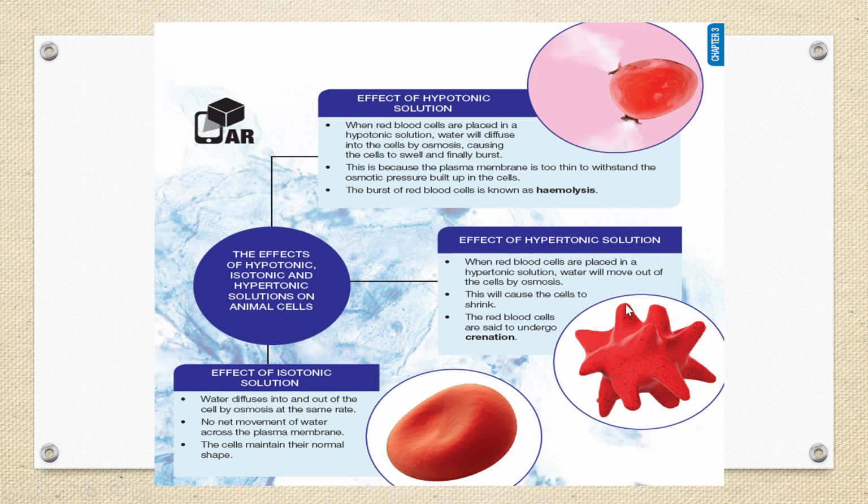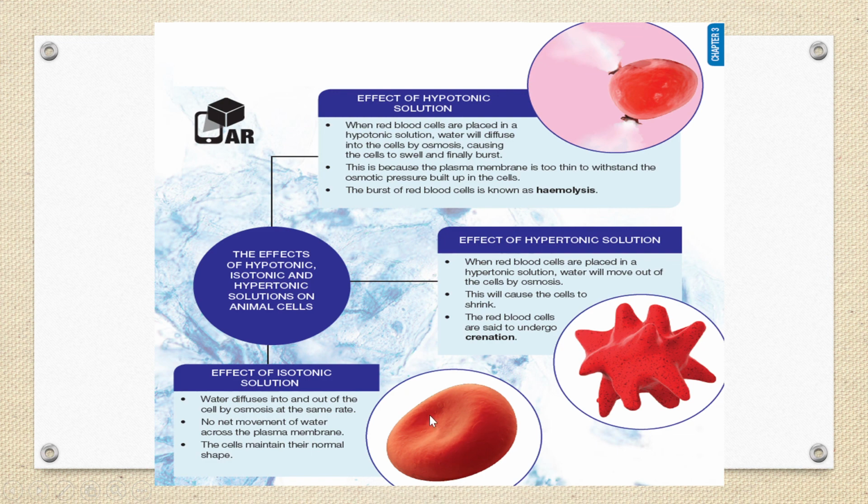Okay, crenation. So the third condition, if the red blood cells are now in a solution which is isotonic to them, that means the water potential inside and outside the cell is the same.